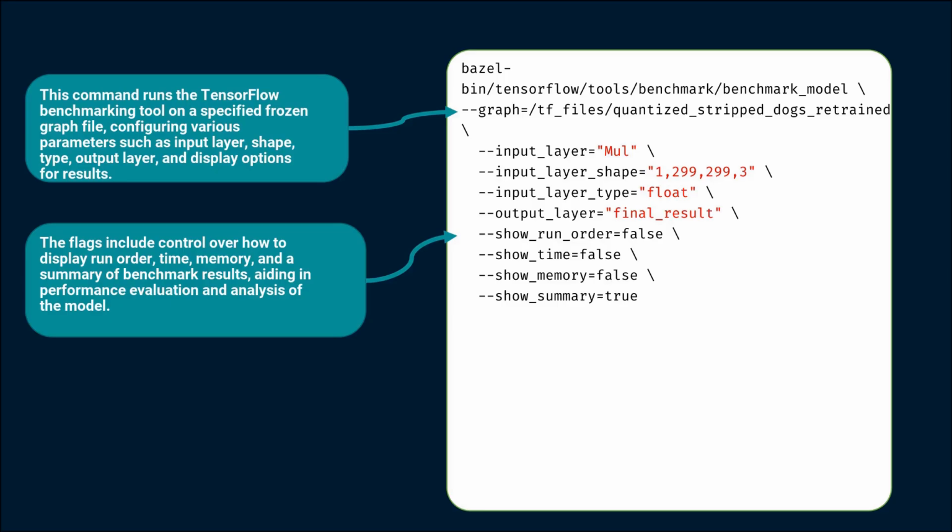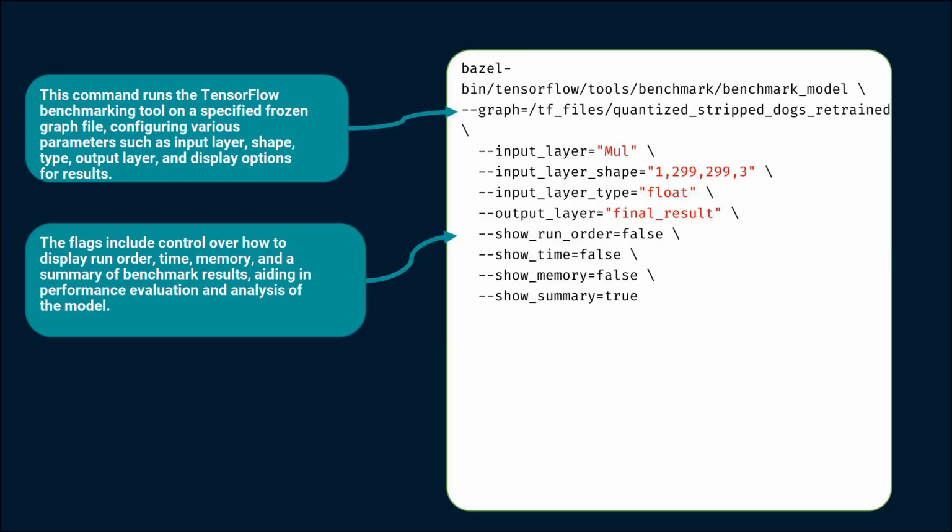Using --input_layer_type, we declare the data type of the input layer. For Mobilenet, this is typically float. Now, we also specify the --output_layer parameter to indicate where the model's final classified results are collected.